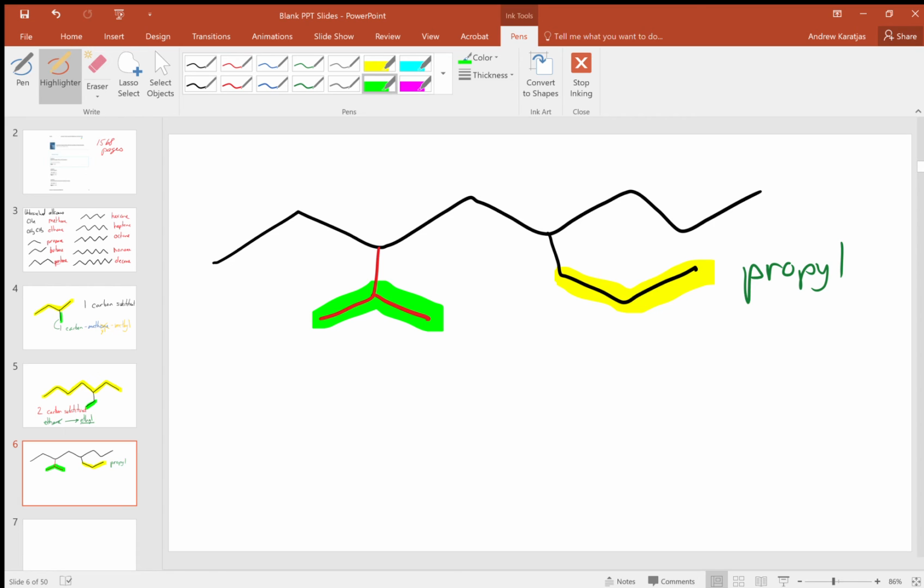We've talked about before that if you change the way a molecule is connected, it changes the function of the molecule. So we have to distinguish between this 3-carbon substituent that's connected in the middle from the one that's connected at the end. So this is known as an isopropyl.